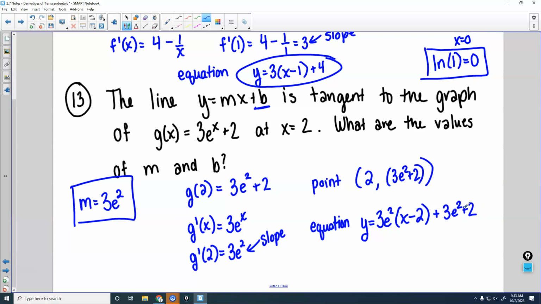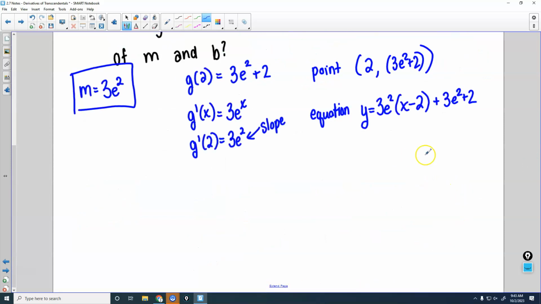No, I do not like this at all, but I've got to make you do it because they will ask you to do it, and then you'll be like, Miss Hyatt didn't teach me that. So I need the y-intercept. What am I going to have to do to get to the y-intercept for this?